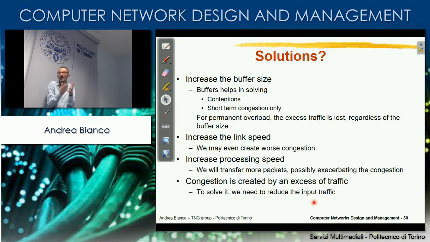So that's just a temporary solution, for a very short time. It's not changing the nature of congestion. It's not really solving the problem at all. You can put as much buffer as you want, okay? So for permanent overload, the excess traffic is lost, full stop, regardless of the buffer size, unless you analyze the system on a very short time scale. But this is not so interesting.